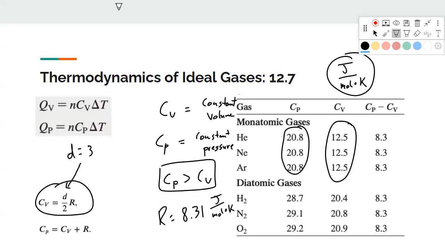And so the D for diatomic gases is 5. And so if we just plug in 5/2 times R, which is 8.3, then we'll get 20 point something. It starts to break down a little bit as you get to more complex molecules, but it's a good start when we're thinking about these monatomic and diatomic gases.